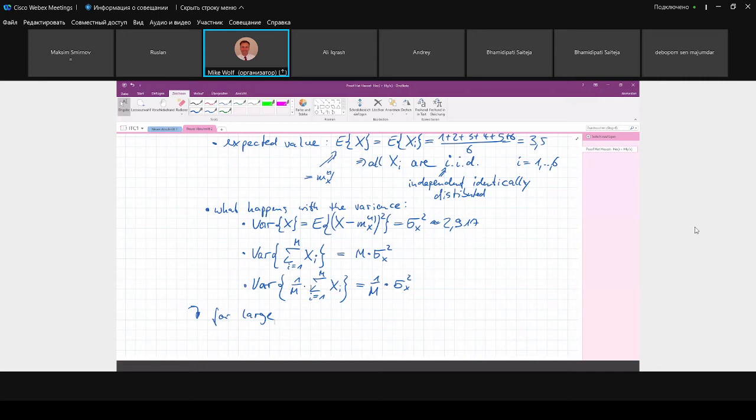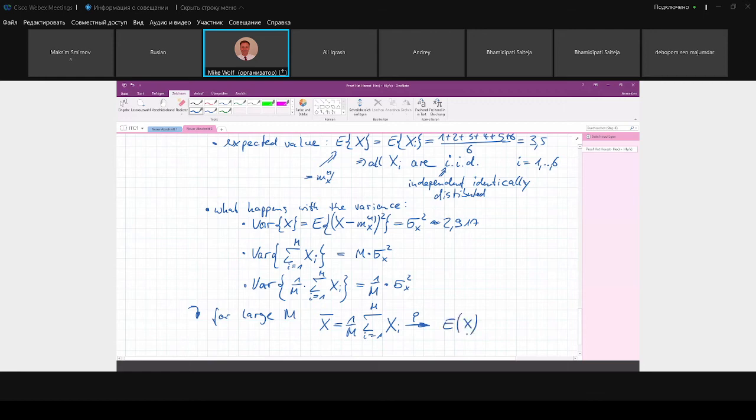And then we say for large M that the arithmetic mean of our x, which is 1 by M, the sum i goes from 1 to capital M, of xi, so I take a look at the arithmetic mean of a sequence of random variables, converges in probability to the expected value of x.